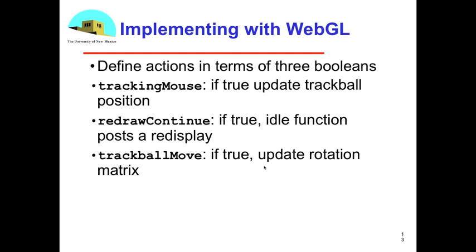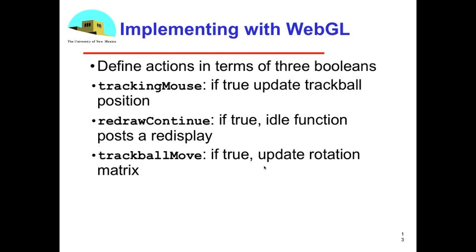You want to be able to either track the mouse or not track the mouse position, and you want to be able to say, am I supposed to update the rotation at this point, either through a matrix or through a quaternion. So if you put this all together, you should be able to write the code, and once you have it, you'll have a wonderful interactive direct manipulation device you can use in all your applications.